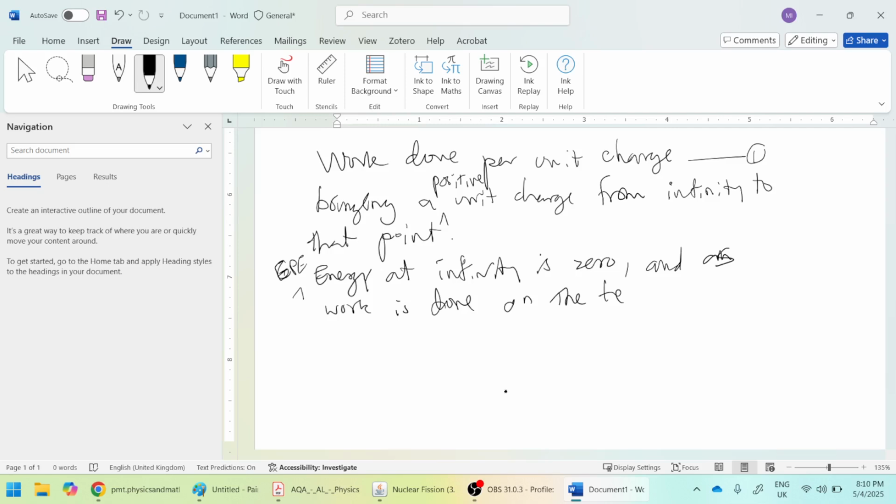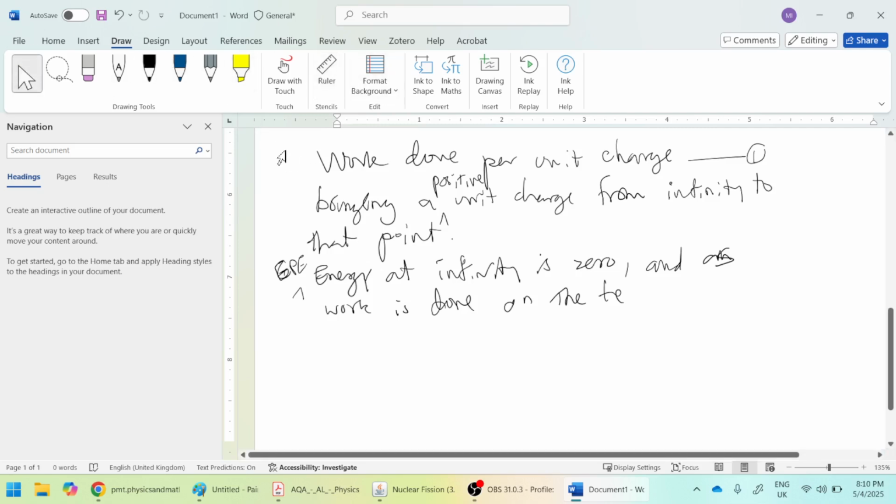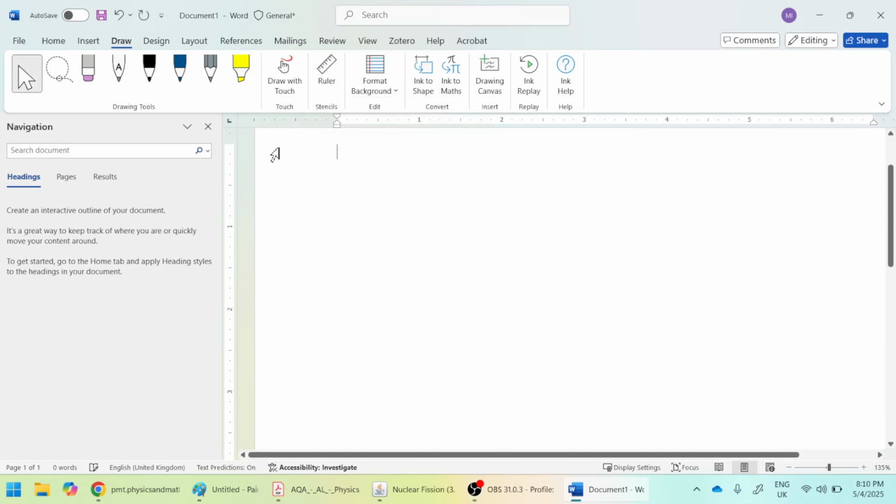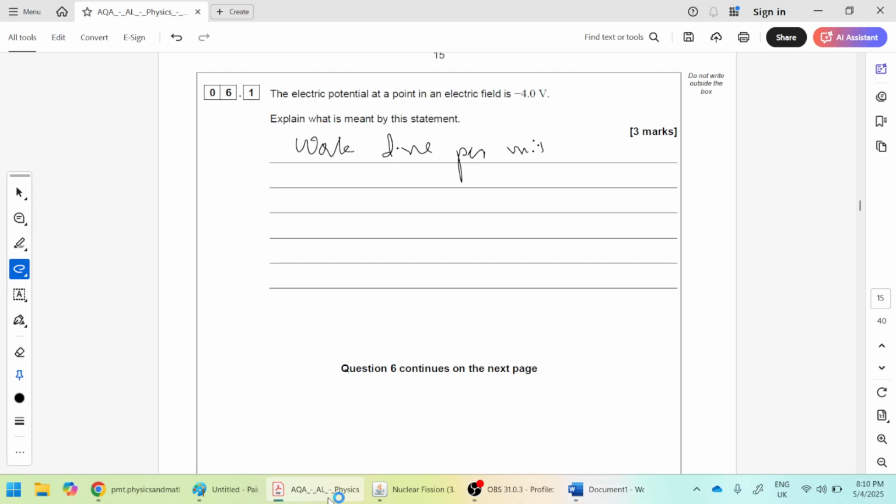Ugh, disgusting. No, no, no. It's messed up. Scrap. Um, electric potential.